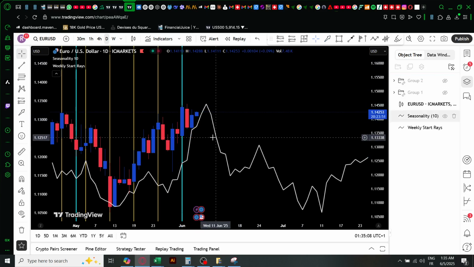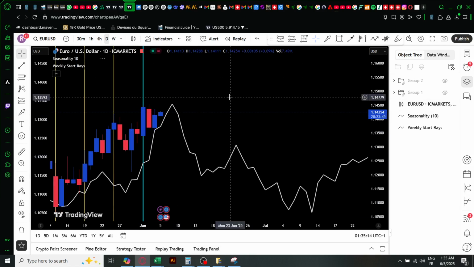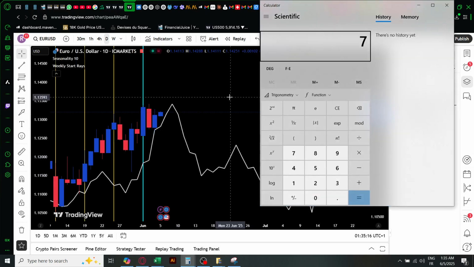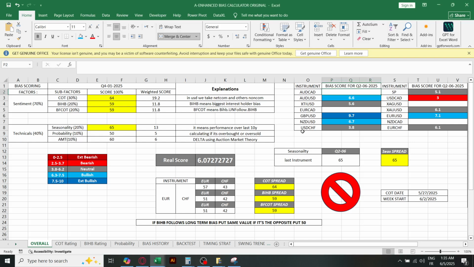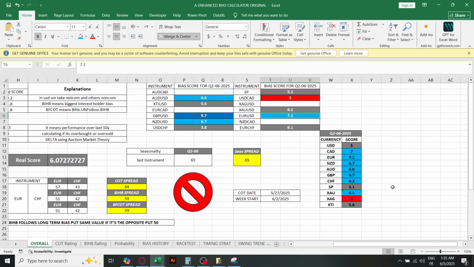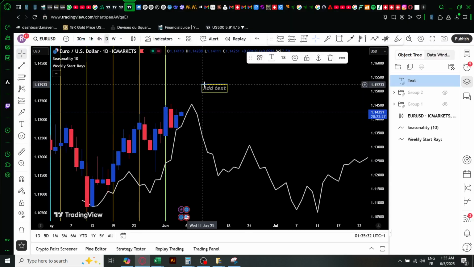Anyway, this is the first thing, and in COT data it's also bullish because, let me just check, it's 7.1, which is the same over here. So those results I got them from here. So I can type in COT is bullish.